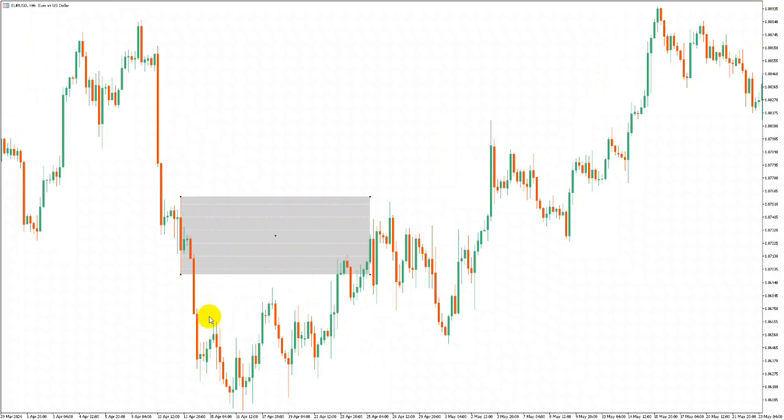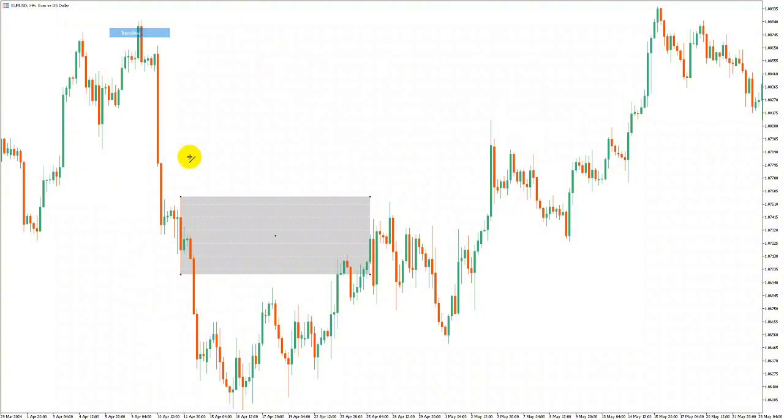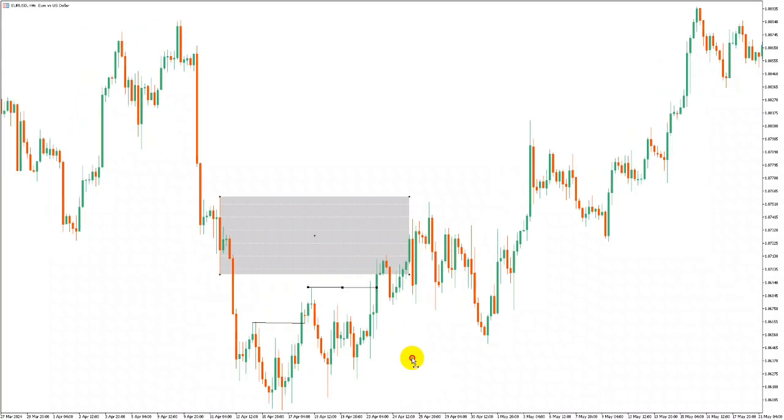After we've gotten this break of structure, change of character rather, the market pulled back.